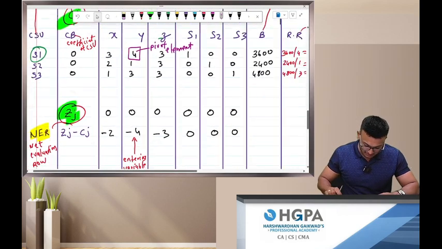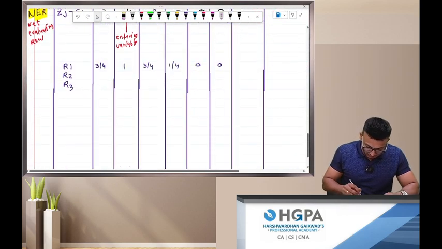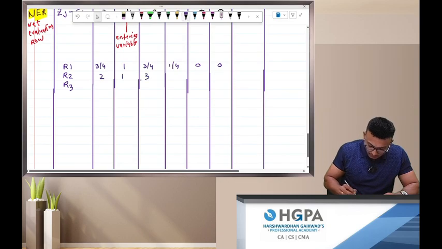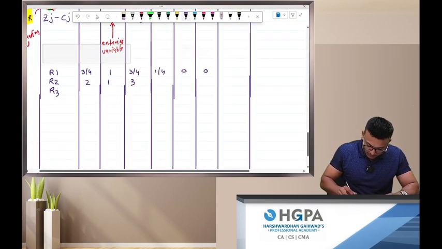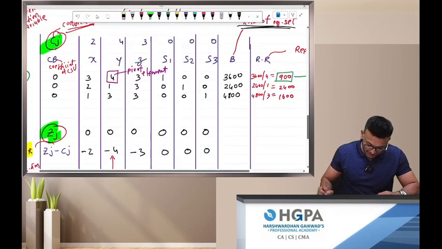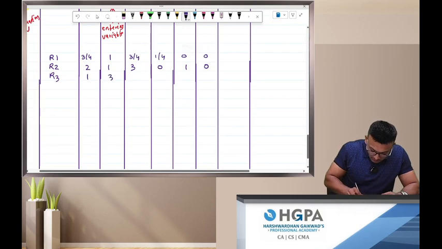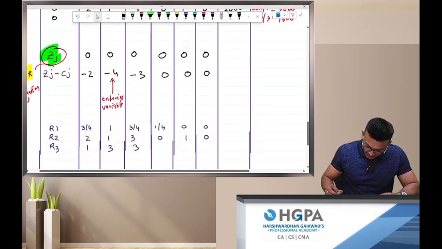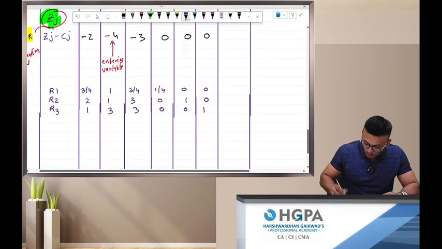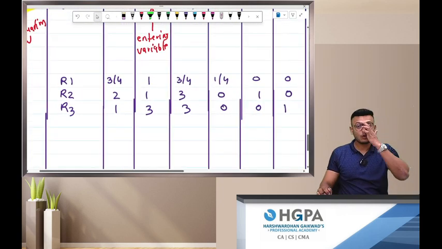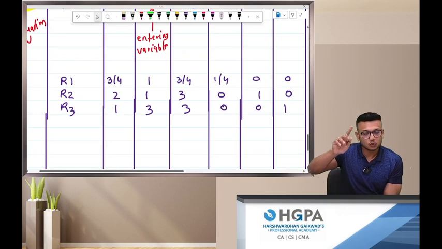How as they are? 2, 1, 3, then 0, 1, 0, and next 1, 3, 3, and 0, 0, 1. Now pay attention, please. So see, the first rule is very simple.